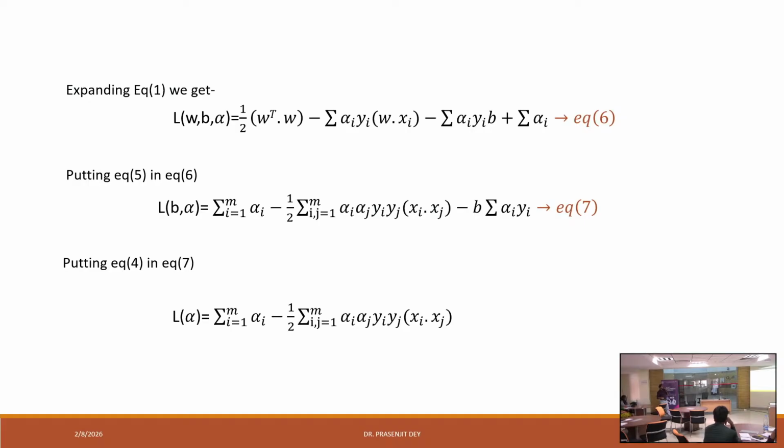This b you can take outside because b is a common factor and it is not depending on i, and this is the sum over of again alpha i, which I have written on this side. Is it okay?